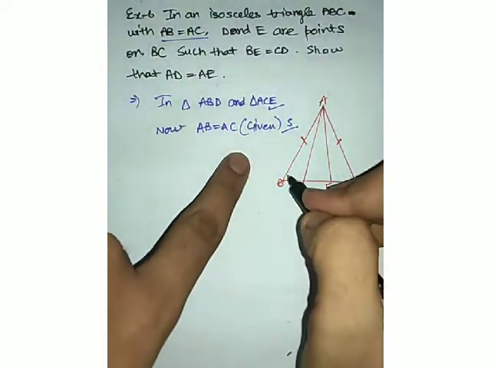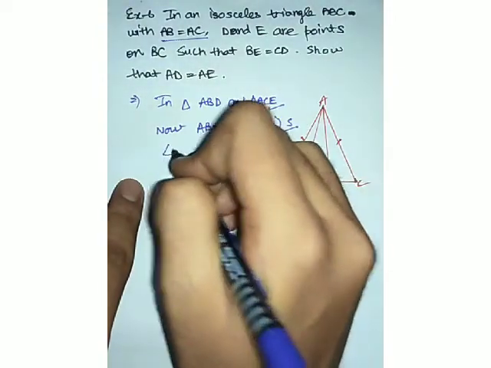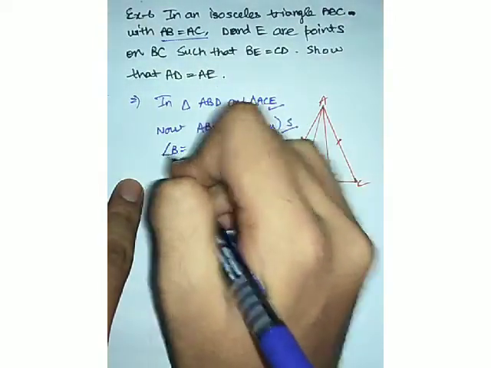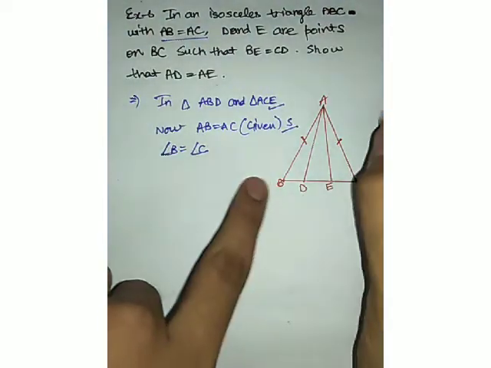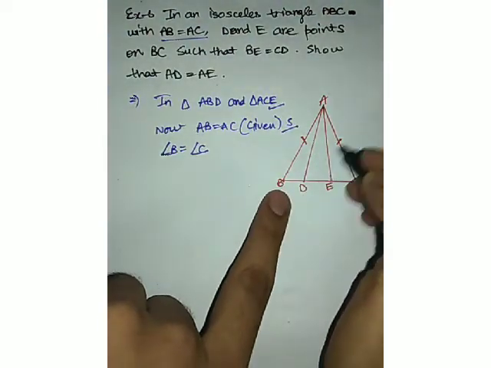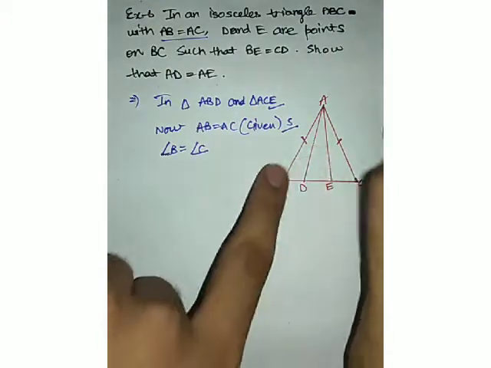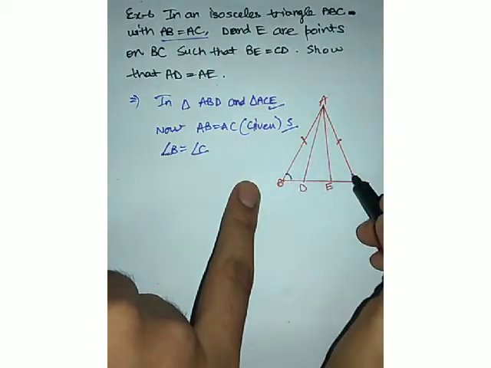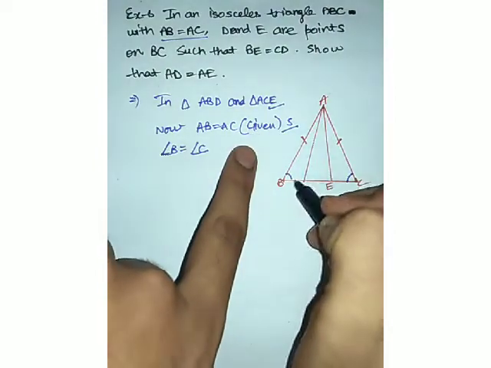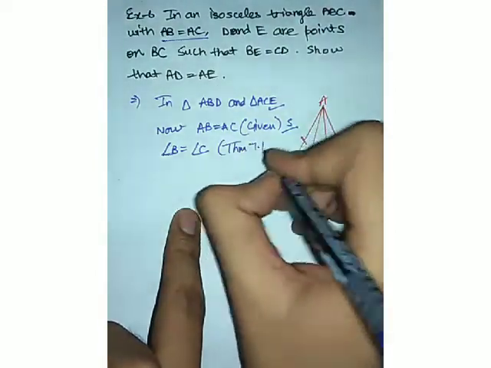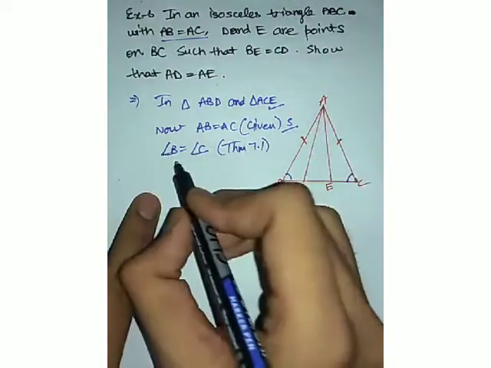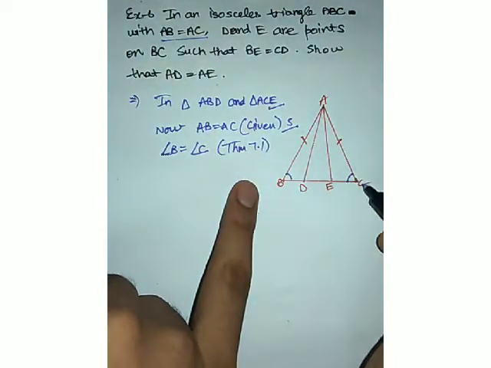After that, angle B is equal to angle C. Now you have to jog your memory a bit, because of the theorem that we just completed: the angles opposite to equal sides are equal. So these are the angles opposite to equal sides AB and AC by theorem 7.1. So angle B is equal to angle C.